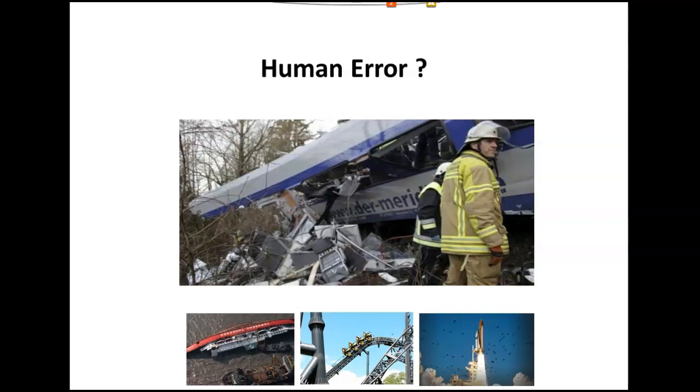So in all of the pictures we can see here on the screen, yes, somebody did do something wrong, but we don't know why. Well, we do know a little bit more why now because these have all been investigated. The train crash at the top, for example, occurred on a very small section of railway that didn't have automatic signalling. The rest of the entire country had an automatic signalling system.